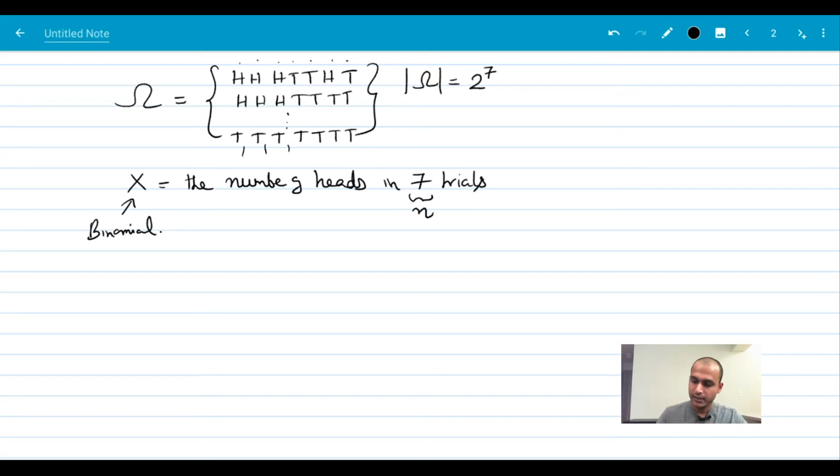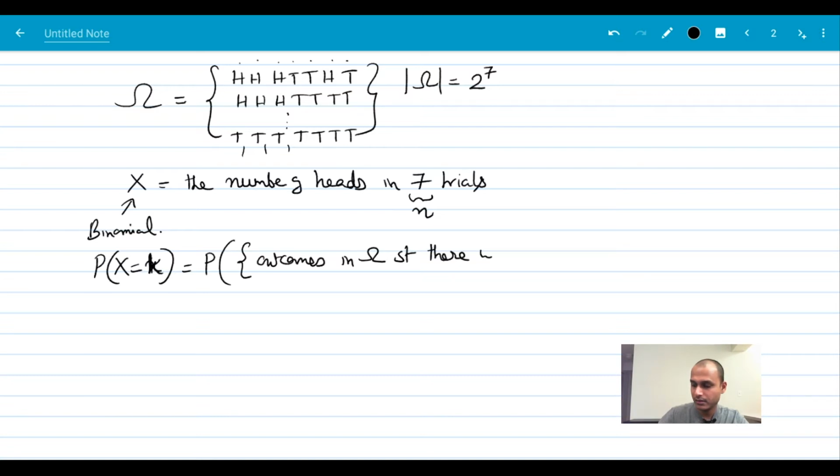And in fact, it turns out that the probability of X equal to little k is going to be, remember the definition of a random variable and this probability law, the set of all outcomes in omega such that there were k heads in n trials.